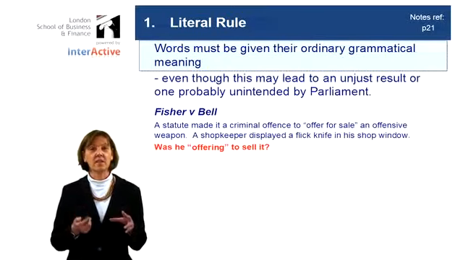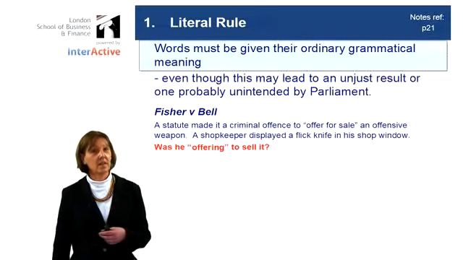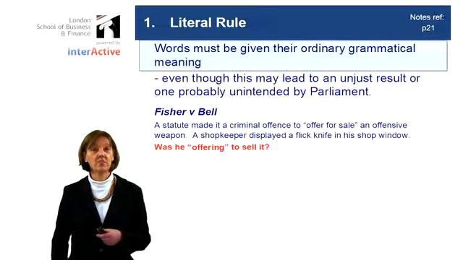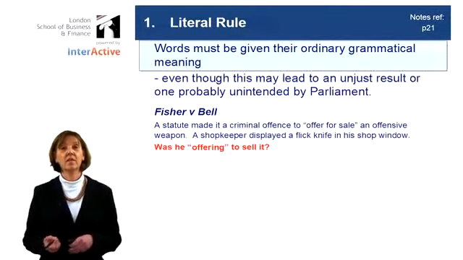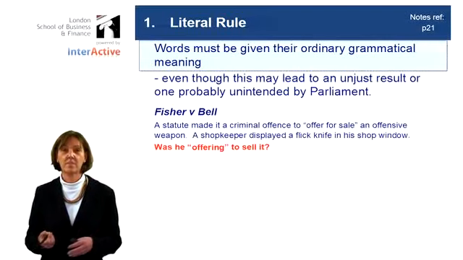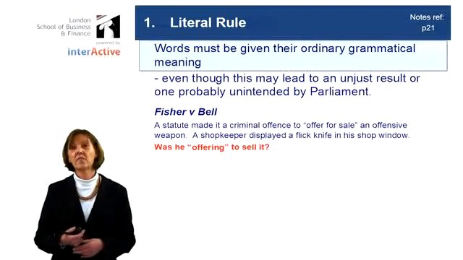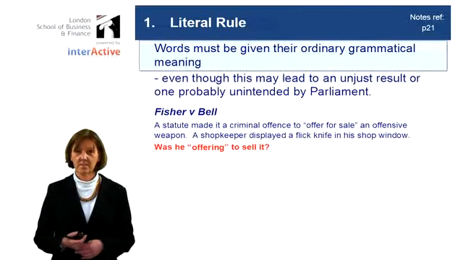Well, the issue is, was he offering to sell it? Well, the answer is literally no. All he was doing was inviting customers to offer to buy it. You'll understand the reasoning behind that more when we do the law of contract.